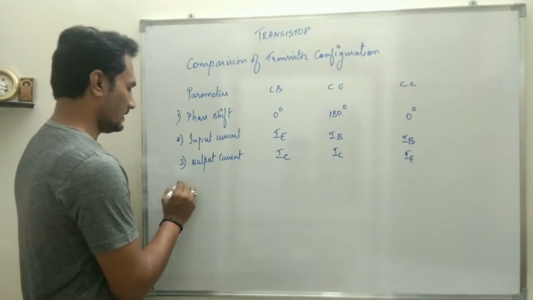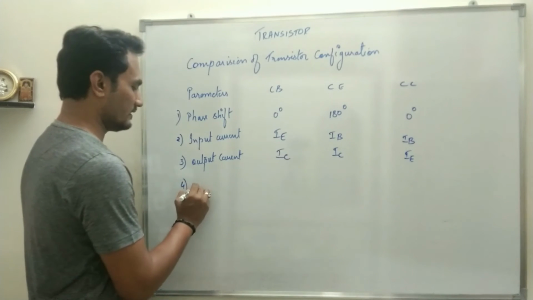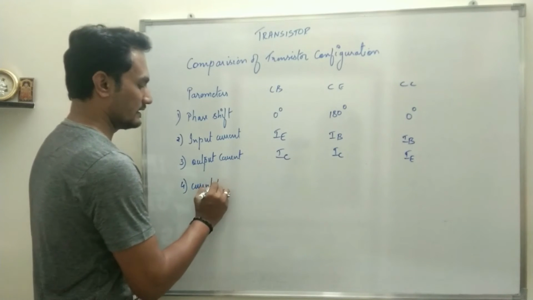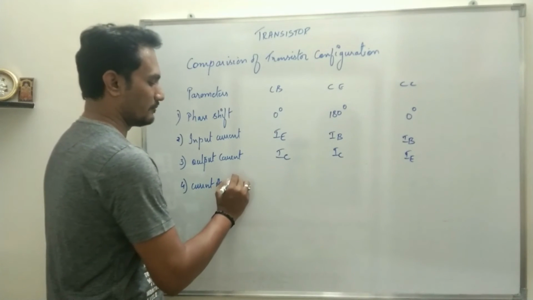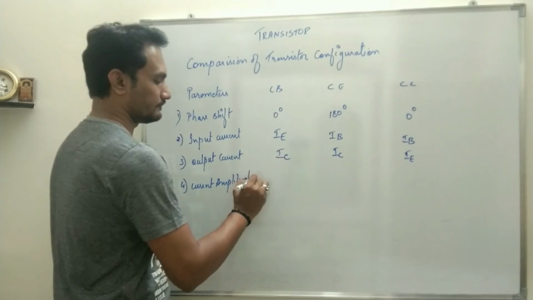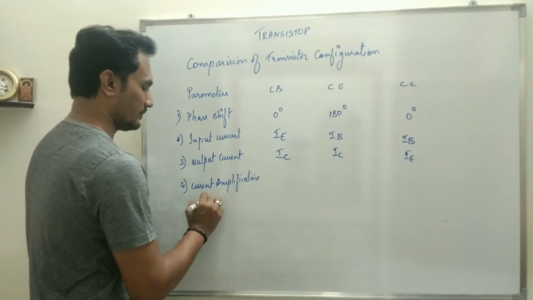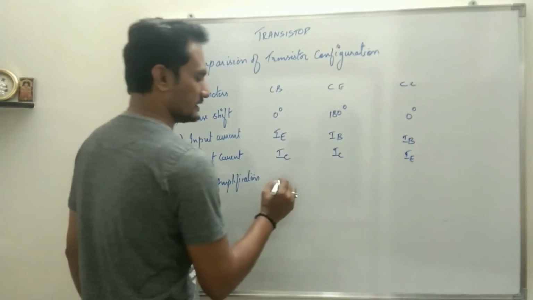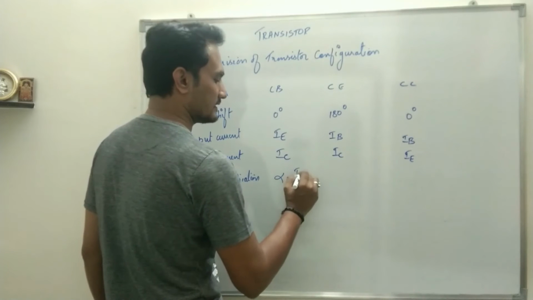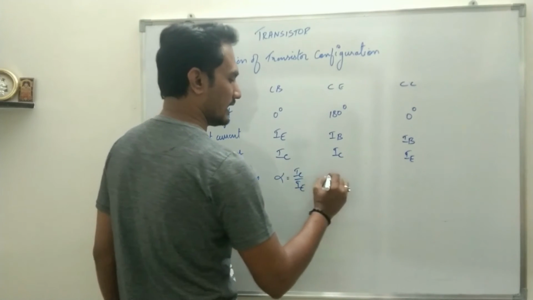And then the fourth parameter, which is current amplification factor, which is alpha. Alpha is IC upon IE.